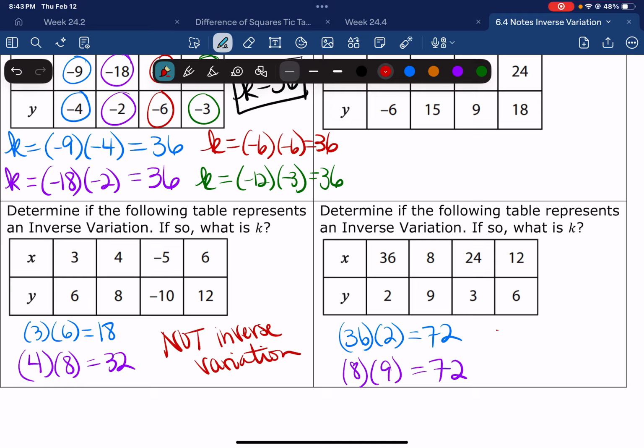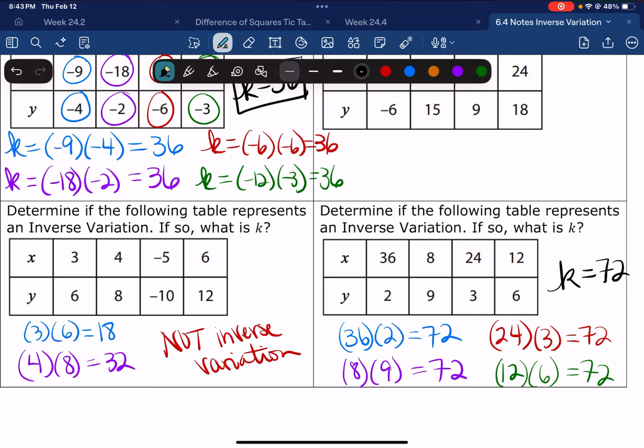Then I have a corresponding pair of 24 and 3. 24 times 3 is also 72. And then we have our last pair of corresponding x and y values. We have 12 times 6, which also makes 72. So this is definitely a table that represents inverse variation, and this k value is just 72.